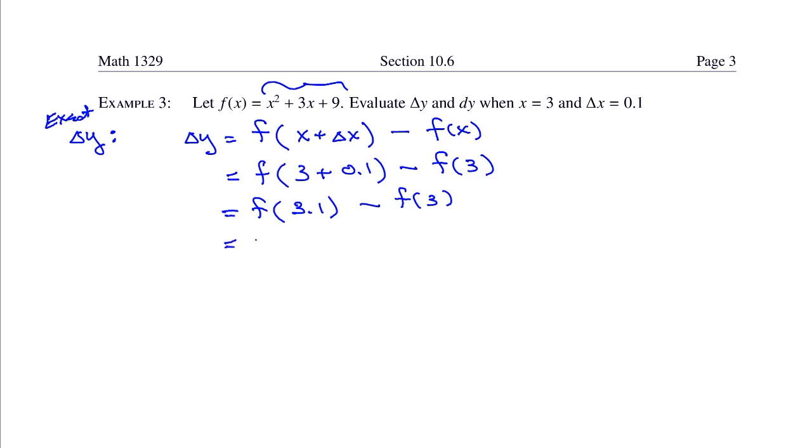I've worked this out for us ahead of time. f of 3.1 is 27.91, and then f of 3 is 27, giving us a difference of 0.91. That is the exact change from 3 to 3.1 on the y values.